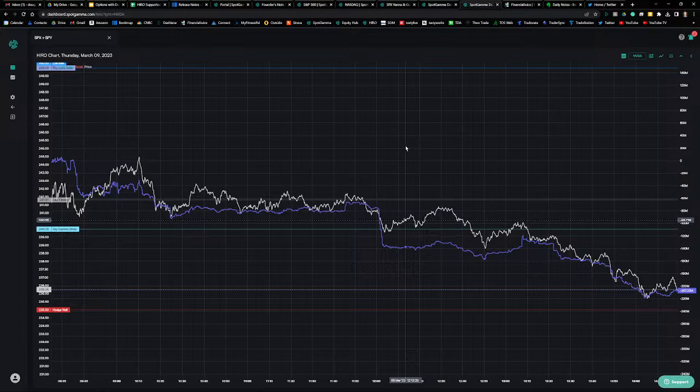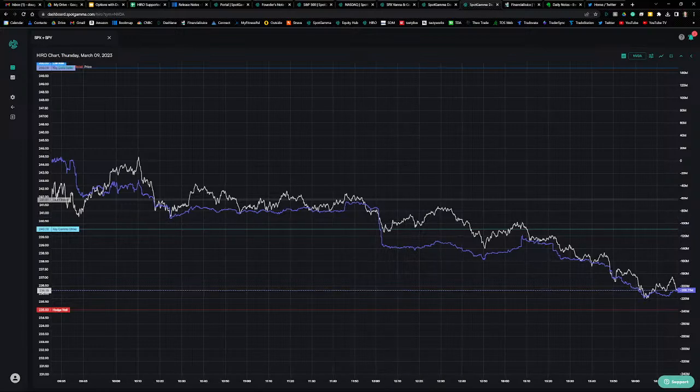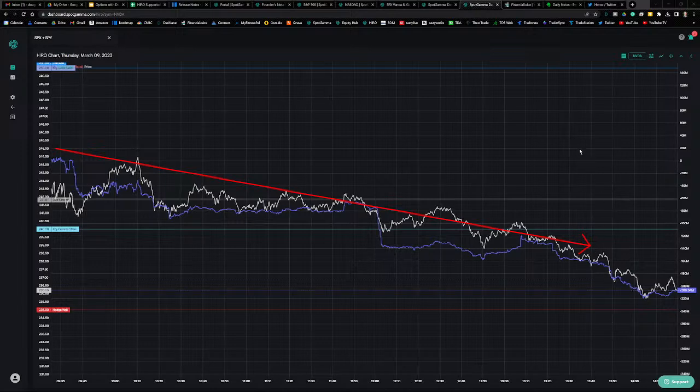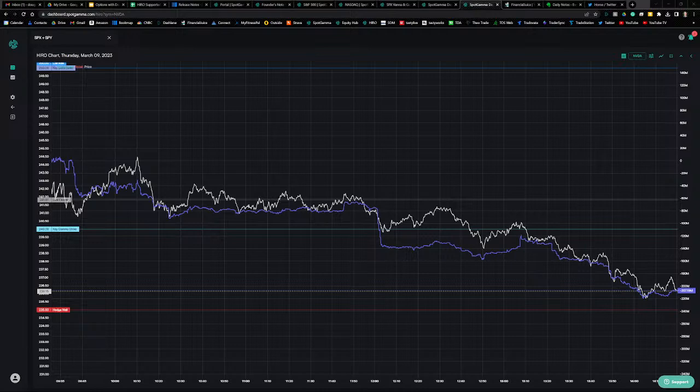So remember, my process, I have a thesis, but I always confirm it with Hero and order flow. So Hero hedging flow, options trades have been negative delta. Market makers are selling stock to hedge their delta exposure as traders sell calls and buy puts. So yeah, in NVIDIA there was a short up move in the morning, but overall the trend has been down today. All right, so that's NVIDIA.